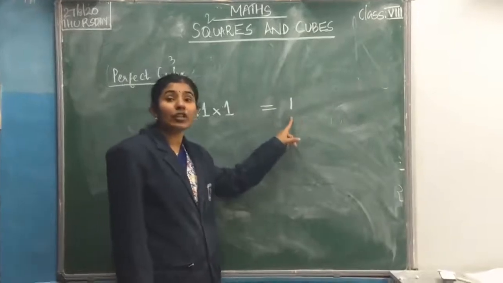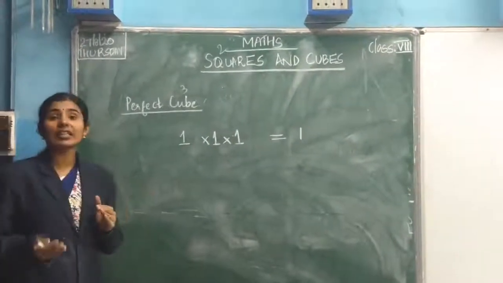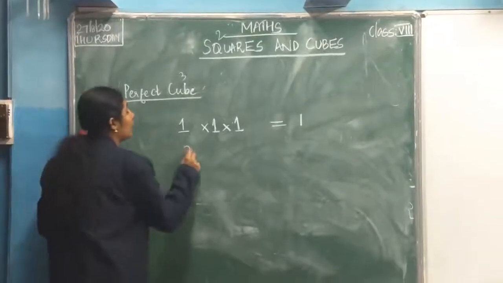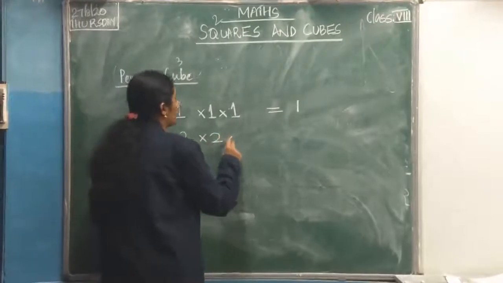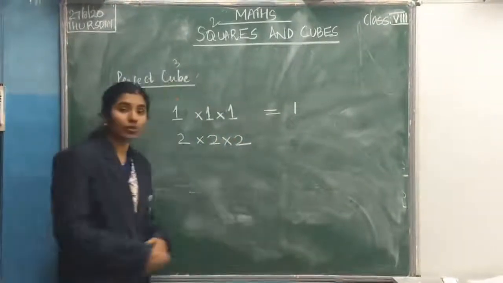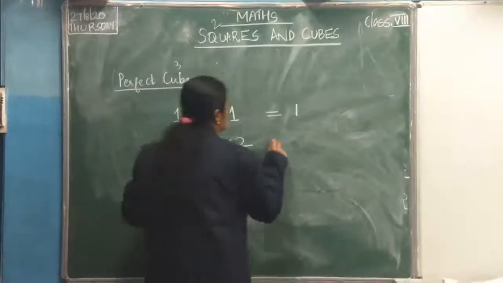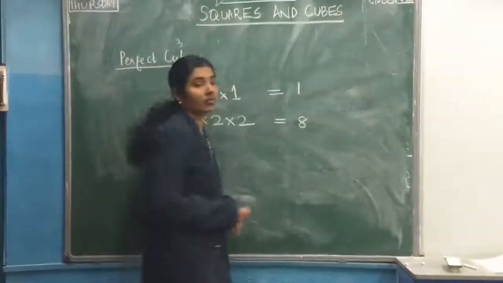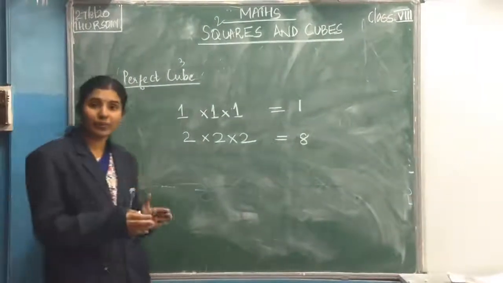So the perfect cube of 1 is 1. Next take the number 2 and multiply 3 times: 2 multiplied by 2 multiplied by 2. 2 twos are 4, 4 twos are 8. Like this, for all numbers, you should find the perfect cubes.